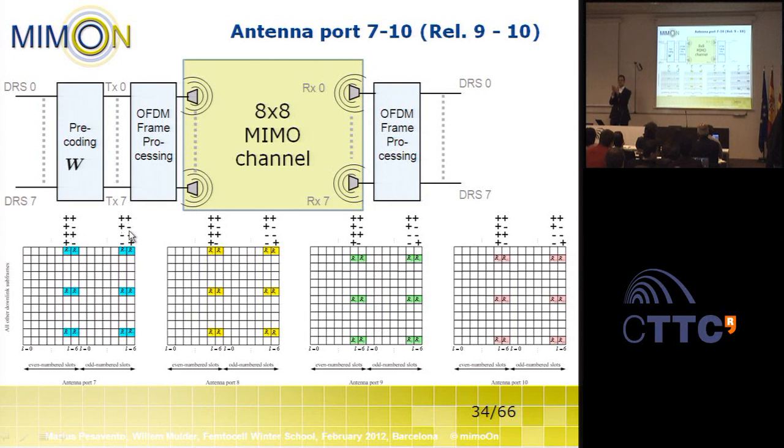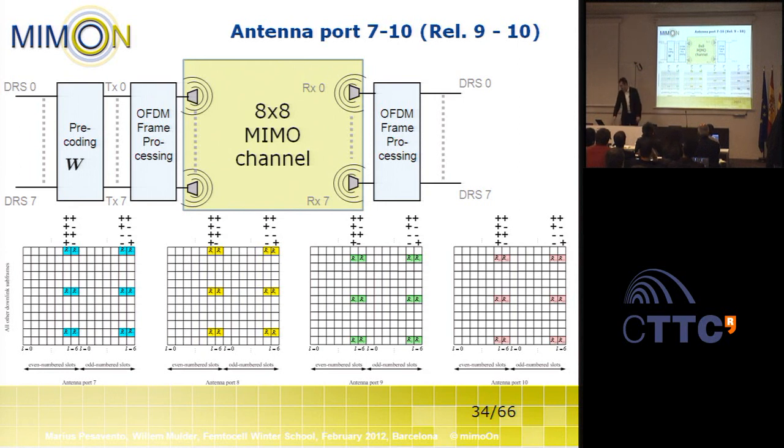These are orthogonal sequences that are used by different antennas. So in this case, the antennas are not separated only due to the orthogonal time frequency resources that are used for the pilots, but also the symbols that are modulated on these resources are chosen as orthogonal.